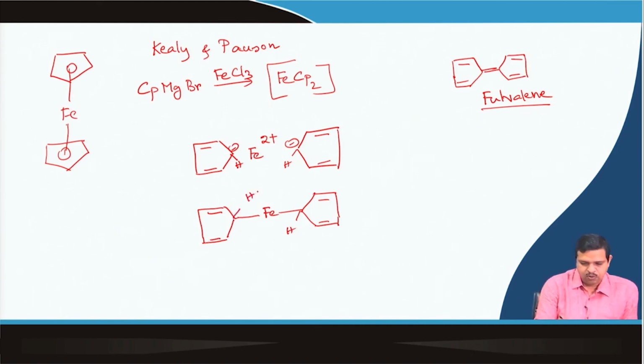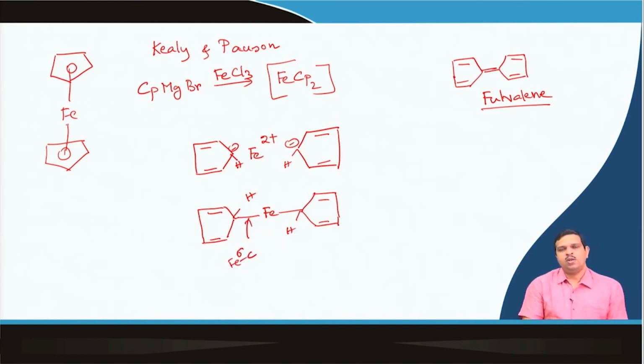Because at that time the iron-carbon sigma bond was easy to understand.